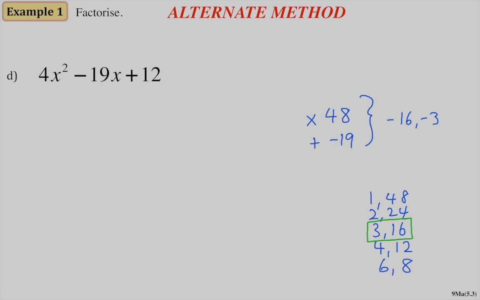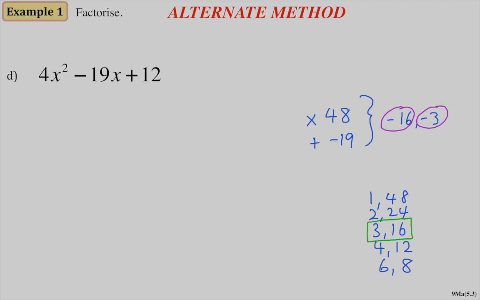And so when we played with it, we found that minus 16 and minus 3 times to give plus 48, and minus 16 and minus 3 add to give minus 19. So the two numbers I'm interested in are minus 16 and minus 3.